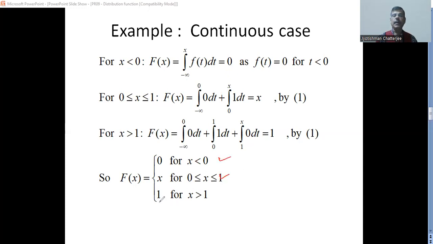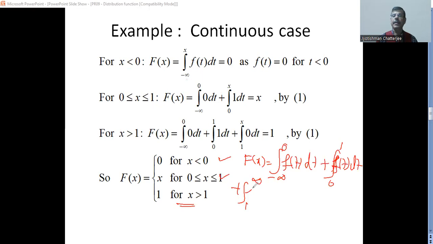How about this part? In this case, F(x) is nothing but an integral from minus infinity to small x, and that can be split into three integrations. Minus infinity to 0 f(t) dt, plus 0 to 1 f(t) dt, plus 1 to infinity f(t) dt.